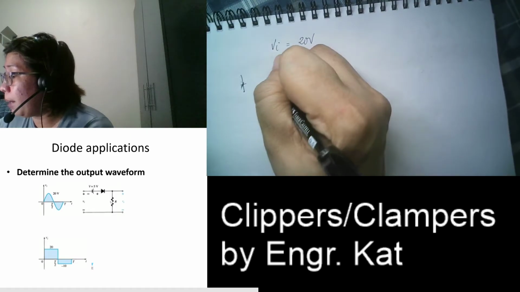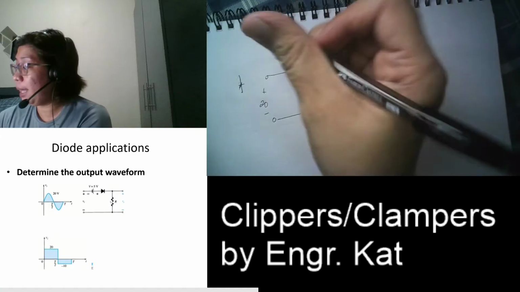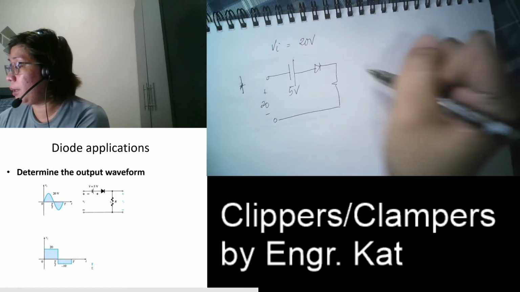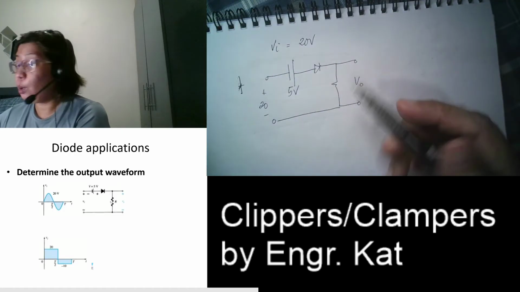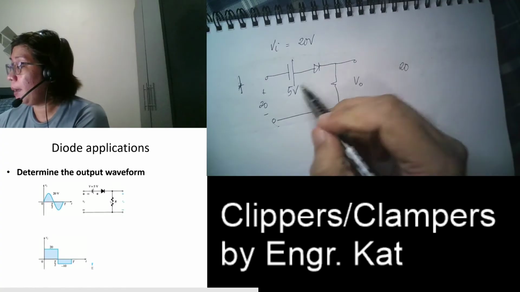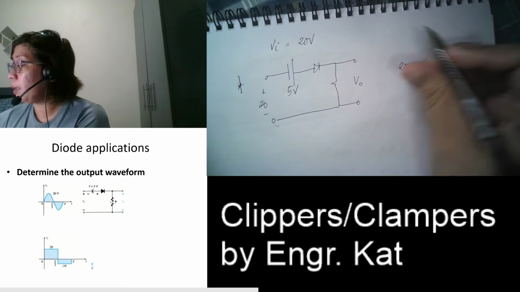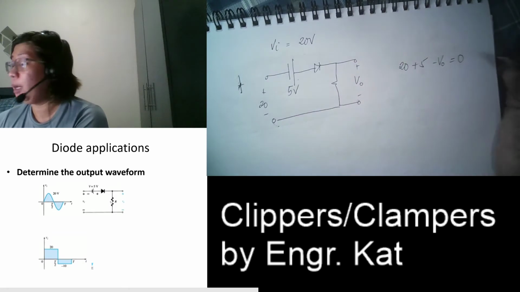And then I will be placing here plus and minus 20. And then I have here your 5 volts. And then I will measure here your output voltage. So by having a loop here, I have plus 20, plus 5, minus VO is equal to 0.